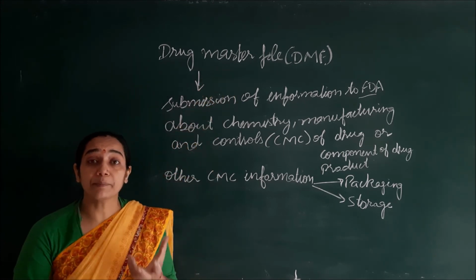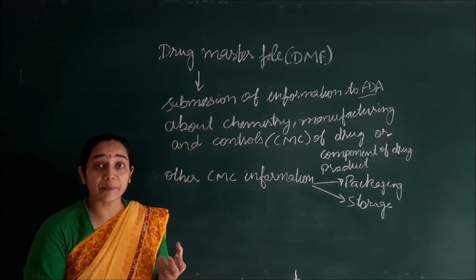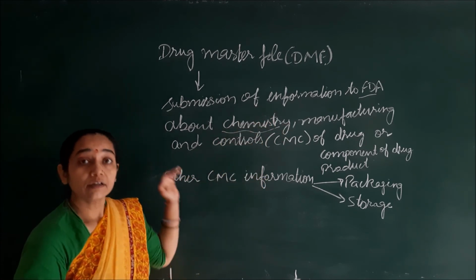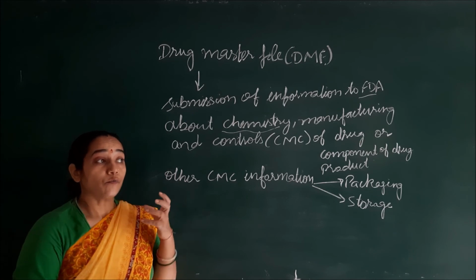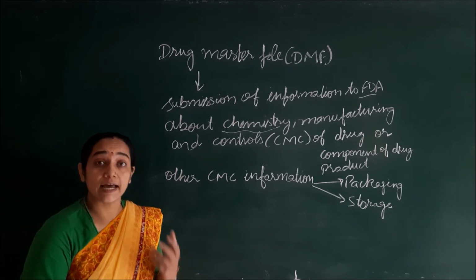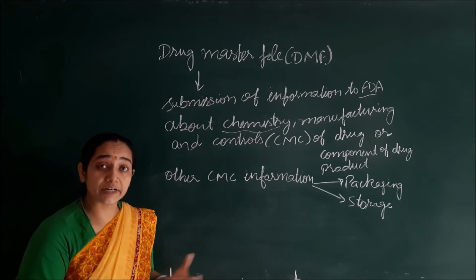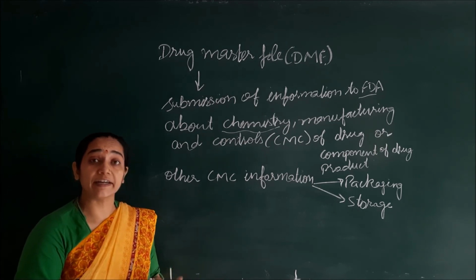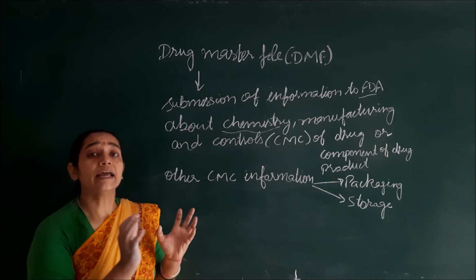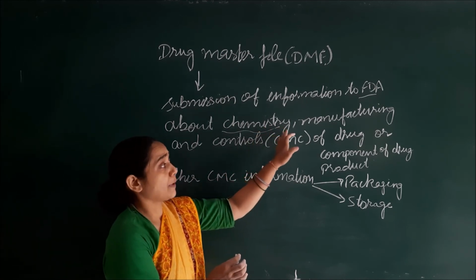And what will this information include? This information will include the chemistry of the product, meaning what is the nature of the product, how it behaves and how it is synthesized, all the chemistry involved, how it can react, what its solubility will be. All these things will be written in the chemistry part.